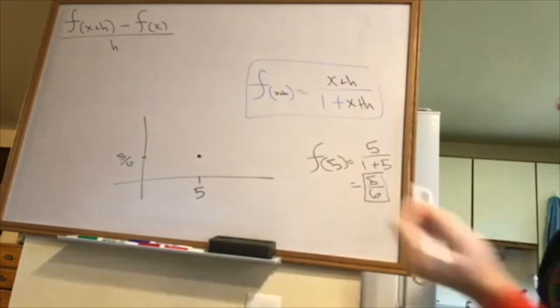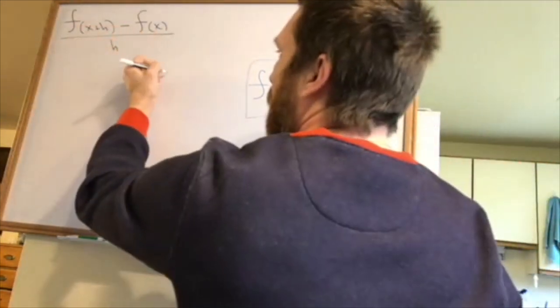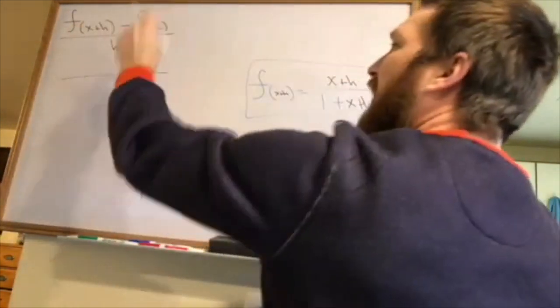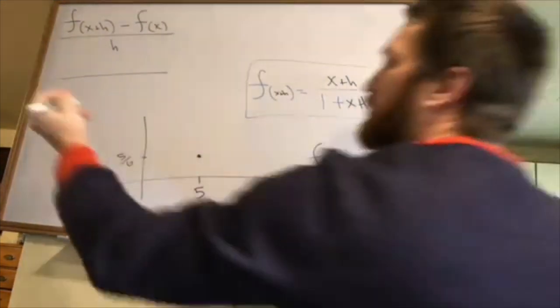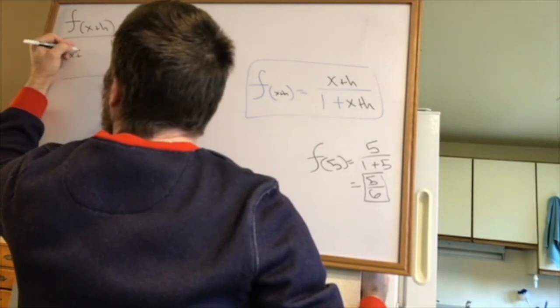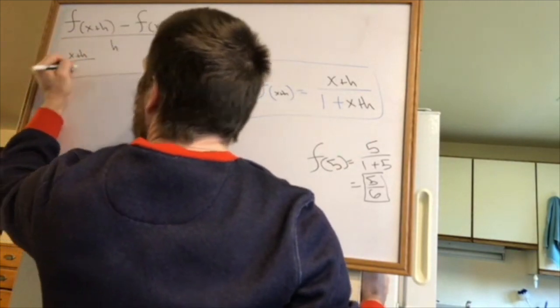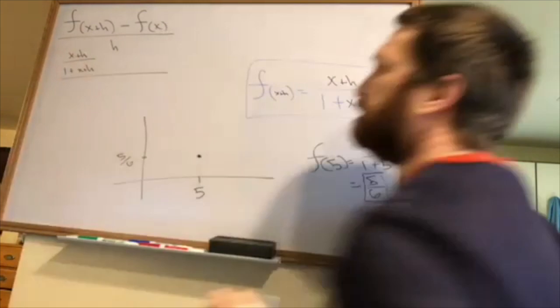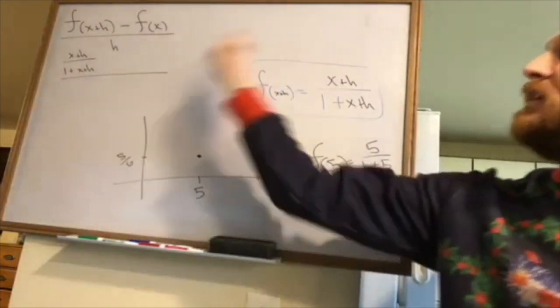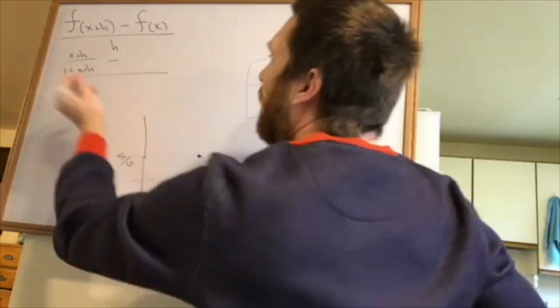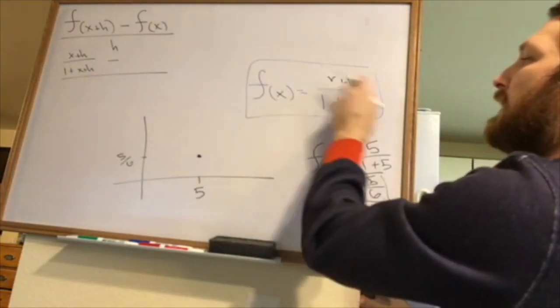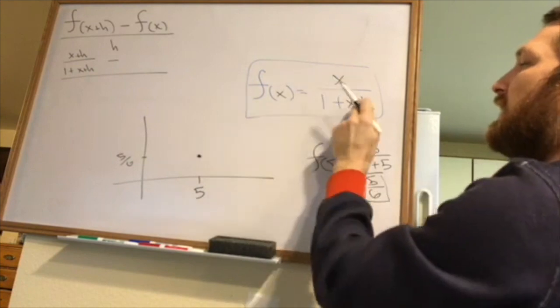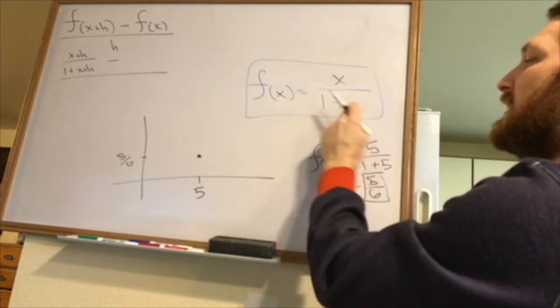And so that's the height I'm going to use right here and say, okay, f of x plus h is this thing right here, x plus h over 1 plus x plus h. Okay, now I'm going to subtract off what? Well, f of x. So when I plug in an x, I plug in my x right here, and I plug in my x right here.